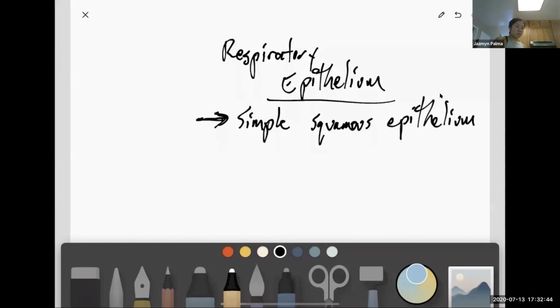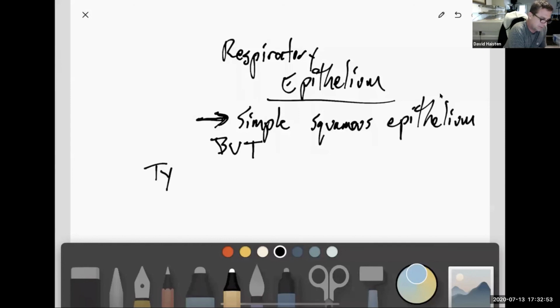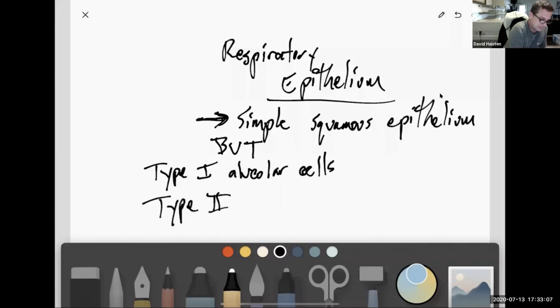Okay, but really we have two kinds of cells here. We have type 1 and type 2. Type 1 are squamous.